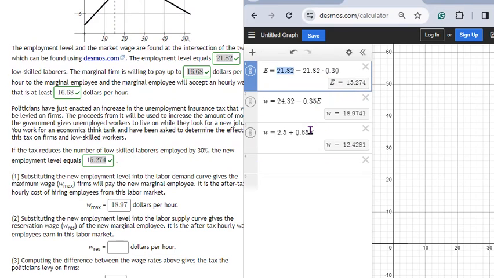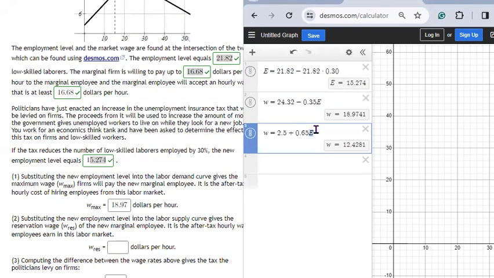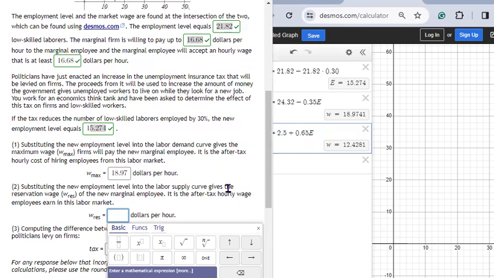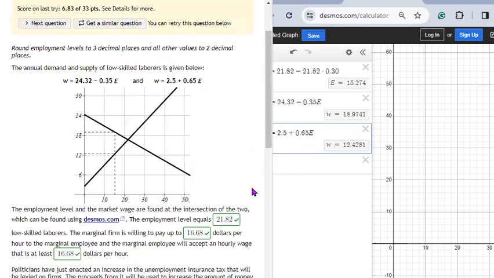We replace E with 15.274. We multiply that by 0.65. We add that product to 2.5. We get a new reservation wage of 12.43 when we round to 2 decimal places.